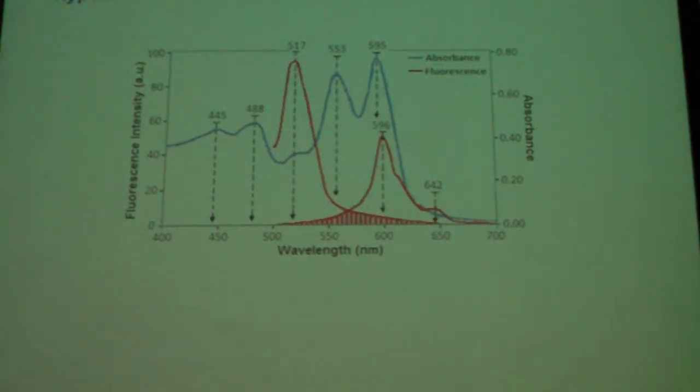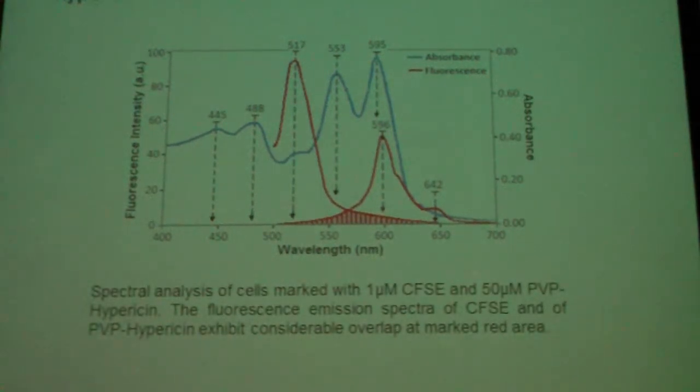This one belongs to the CFSE or non-toxic drug, and the second one in the red region belongs to the PVP hypericin or the photosensitizer. Both drugs were excited with 488 nanometer, and based on the different fluorescence signals, we could find out which signal belongs to which drug.